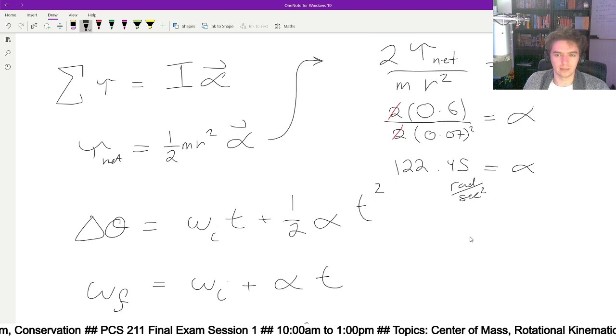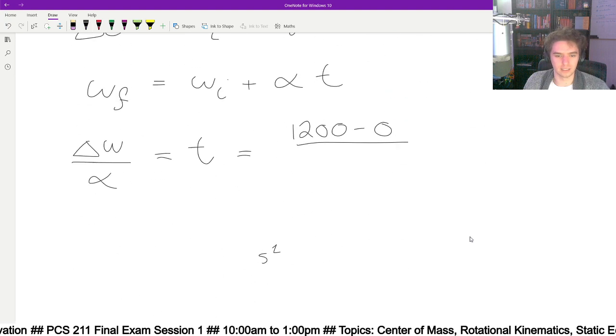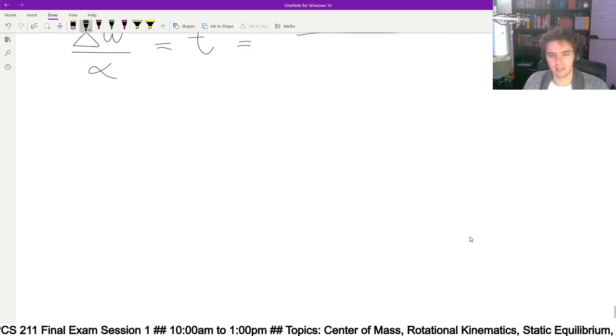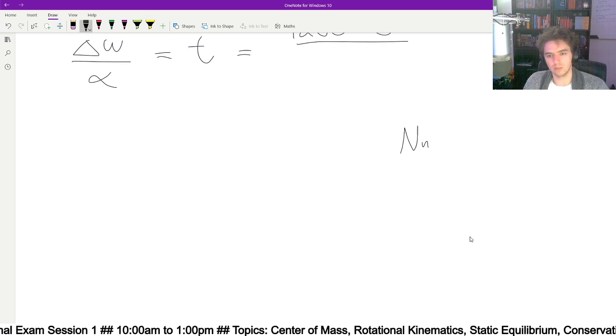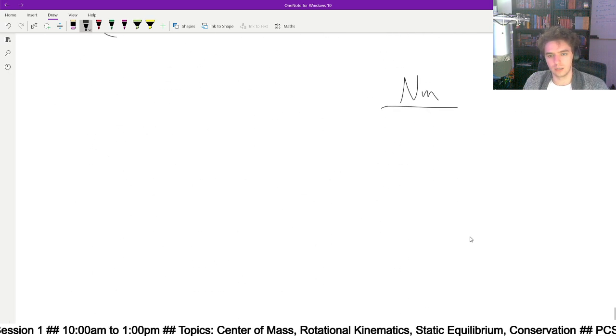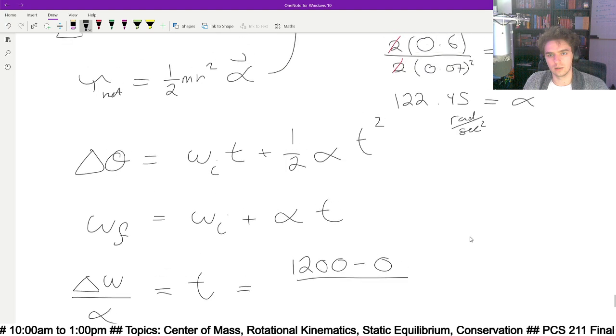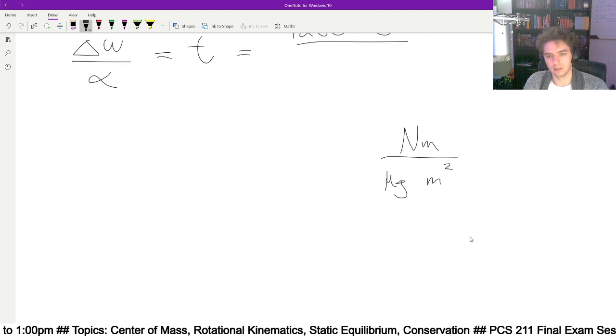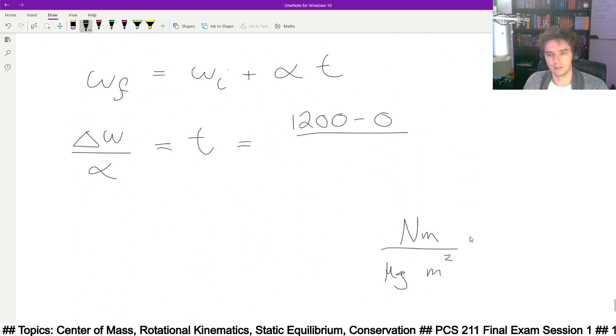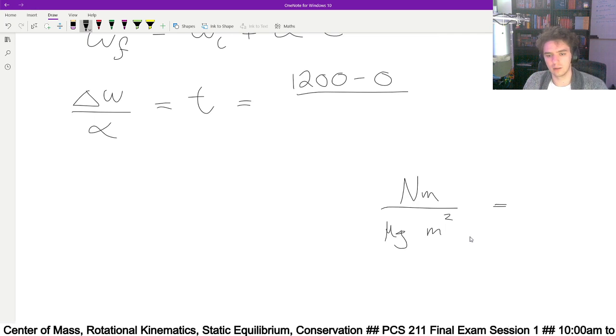Wait, actually no, hold on. I jumped the gun a little bit there. Let's do this a different way. This formula here: Newton meters over kilogram meters squared. You'll also have to change Newton.